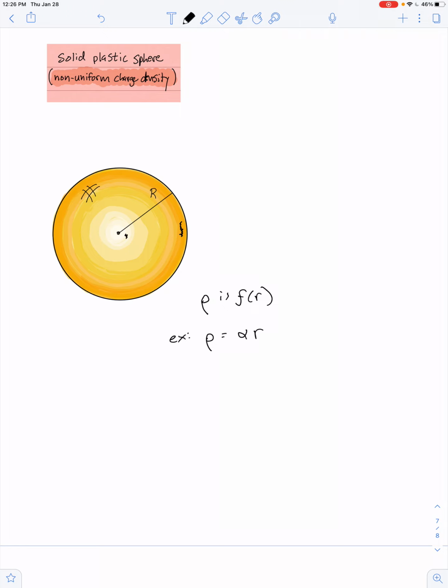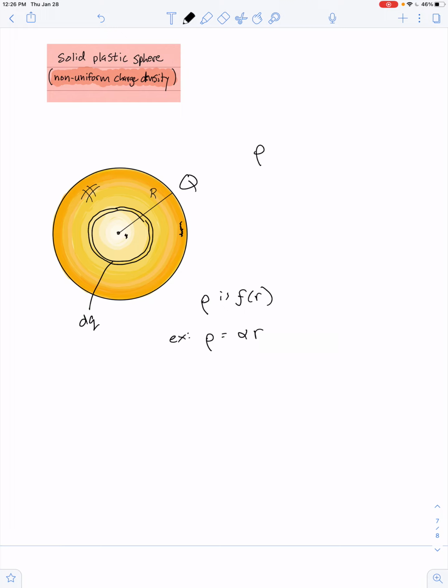Okay. Let me picture a thin spherical shell, not a Gaussian surface, but a thin spherical shell that takes up enough space, it captures a little bit of the overall charge.